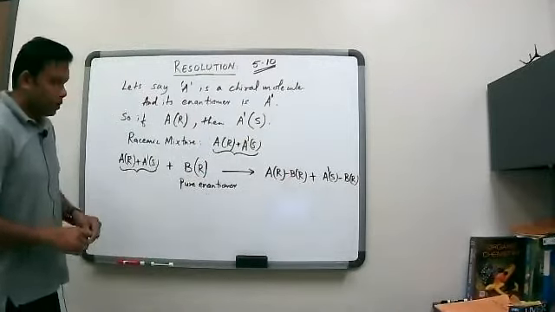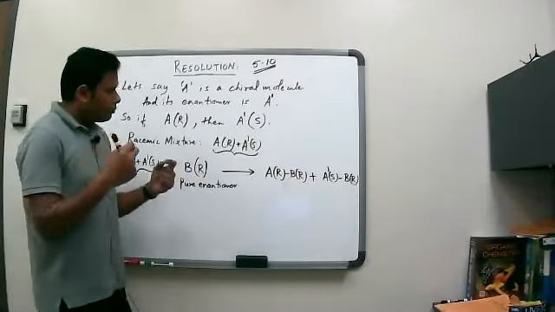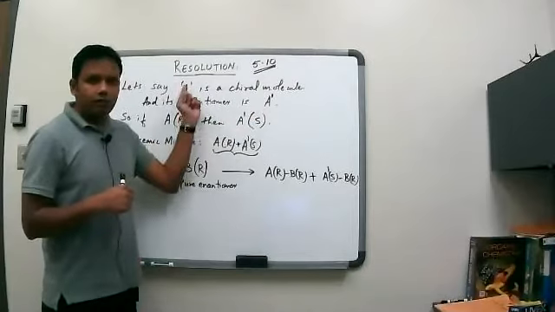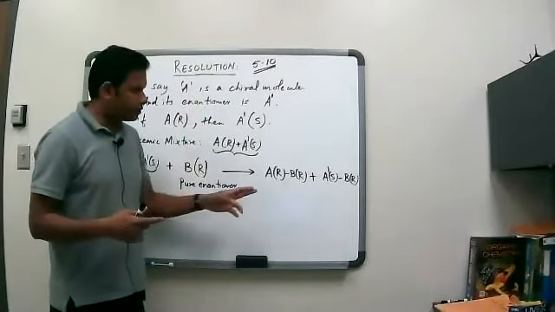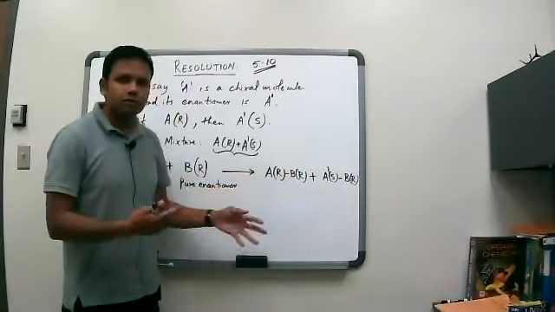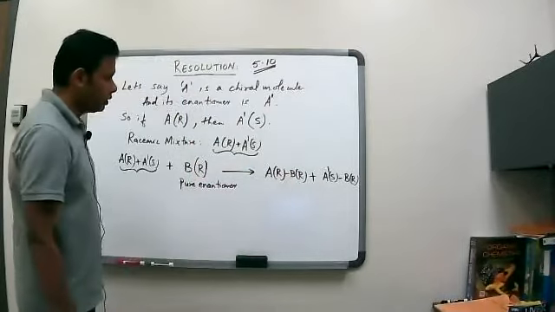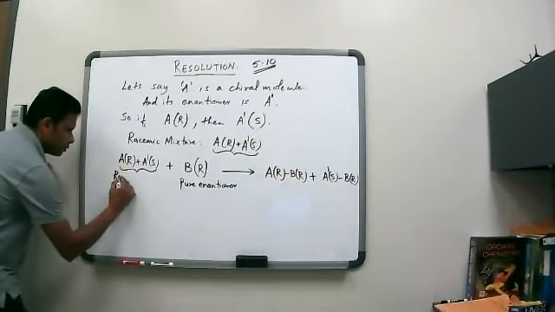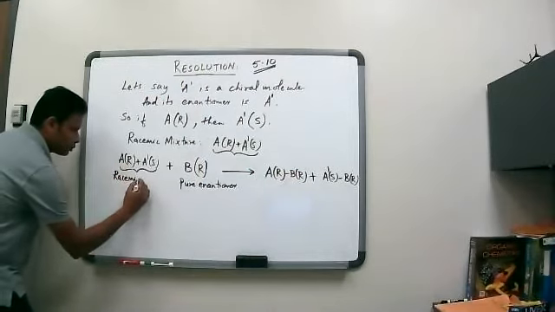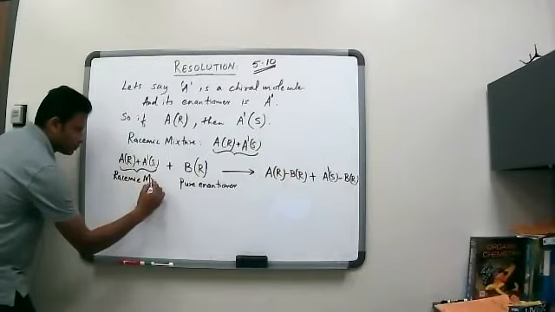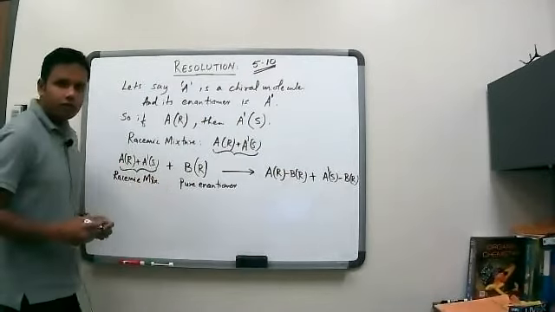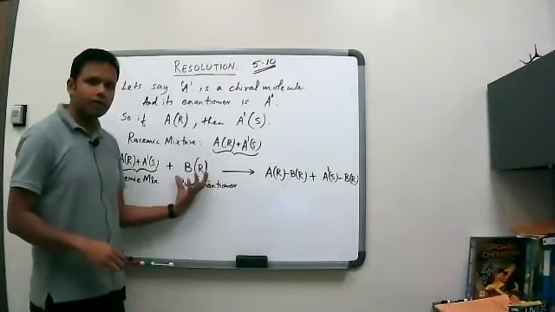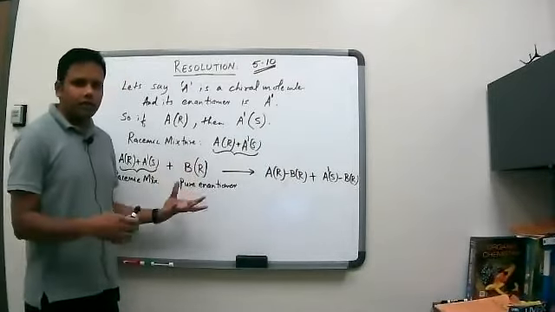And again, please remember that A and A prime are enantiomers of each other. We are using the notation prime just to say that it's an enantiomer of that molecule. So we took this racemic mixture, we reacted it with a pure enantiomer of another compound. Any reaction that these can do.